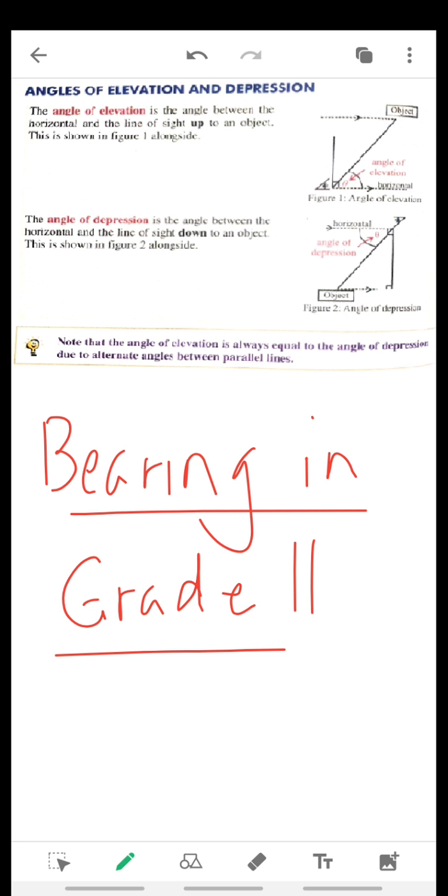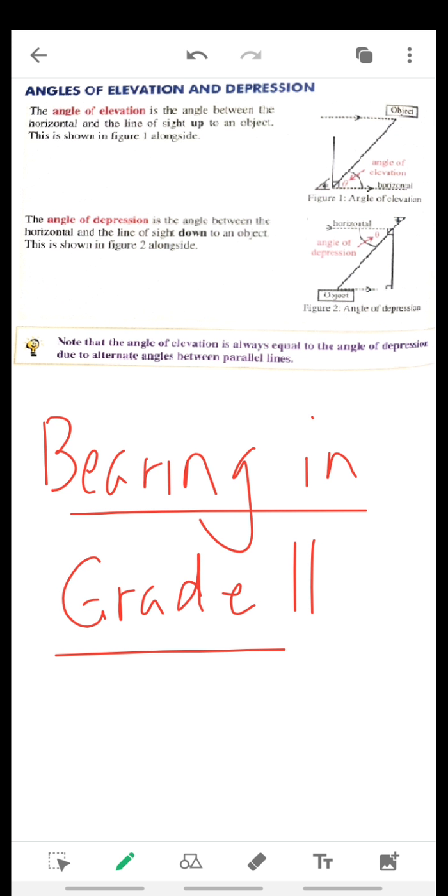What is going to happen? Obviously, you're gonna move your eyes from a horizontal level, and you will want to look at the airplane which is passing by. Okay, so what is going to happen? Obviously, from the initial level of sight, you're going to move your eyes up to the object.